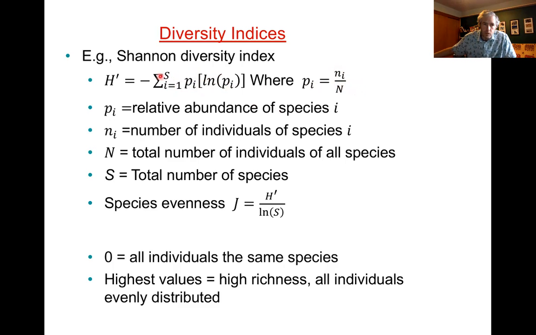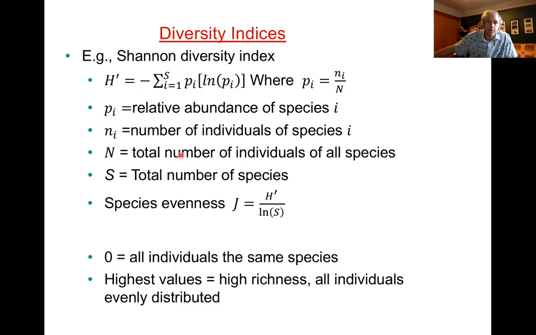So what that means is the Shannon Diversity Index is the sum of what we call the relative abundance of each species multiplied by the natural log of the relative abundance of that species. So pi, this value, is just the relative abundance of species i. We get that by dividing the number of individuals in species i by the total number of individuals. So ni, as I said, is the number of individuals in species i.